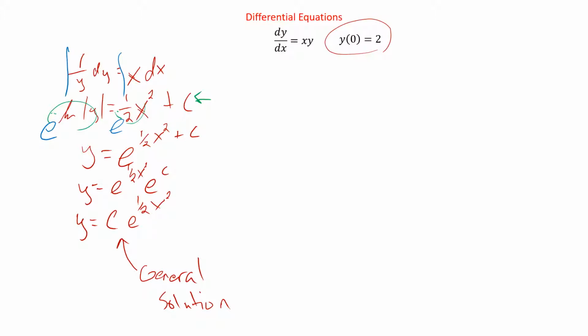Here we have y of 0 equals 2. That means when x equals 0, y equals 2. We could plug this in anywhere after the integration. I wouldn't plug it in up here where we still have a natural log. That's going to be obnoxious because we'll have natural log of 2.